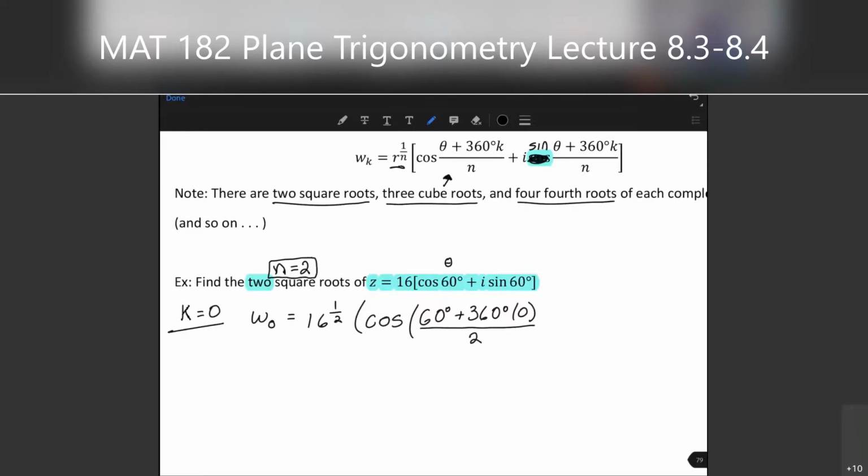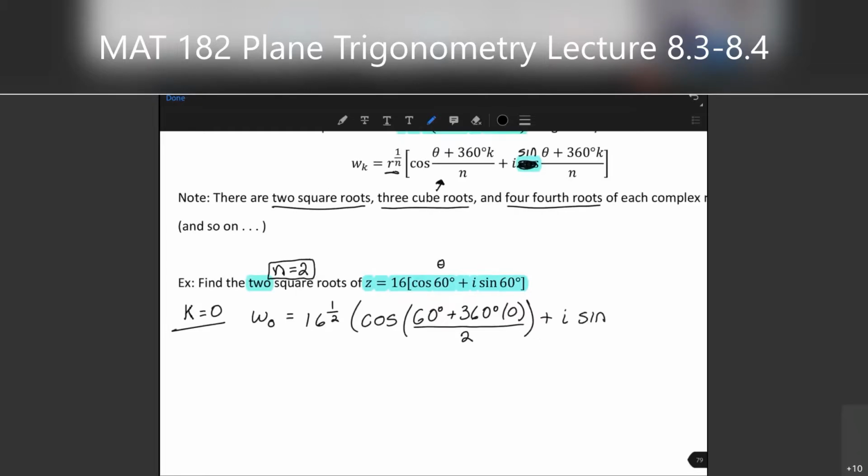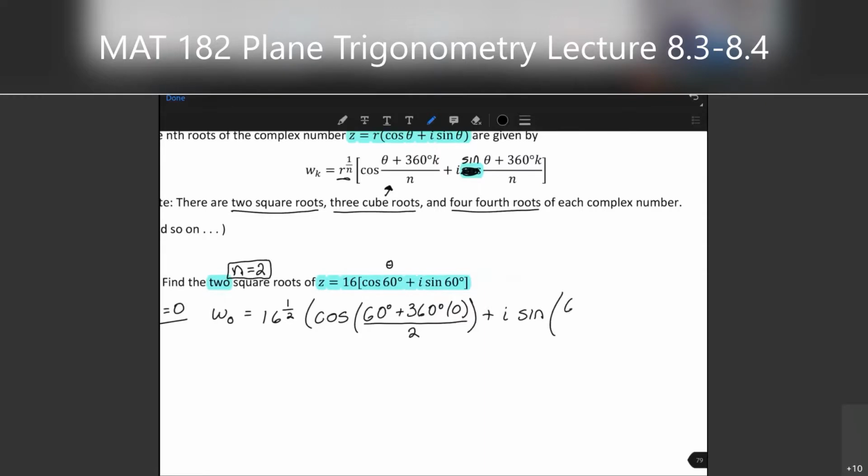And so that's going to repeat for the sine as well. We'll have plus i sine of that same arrangement. So that would be 60 plus 360 times 0 over 2.